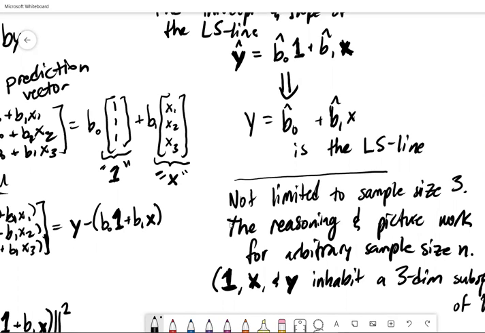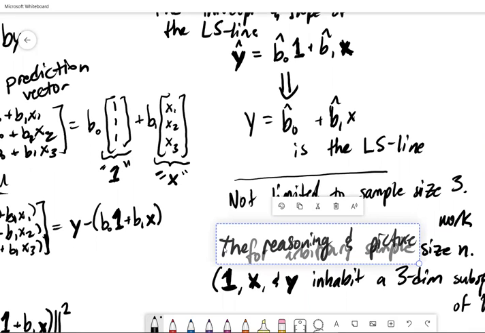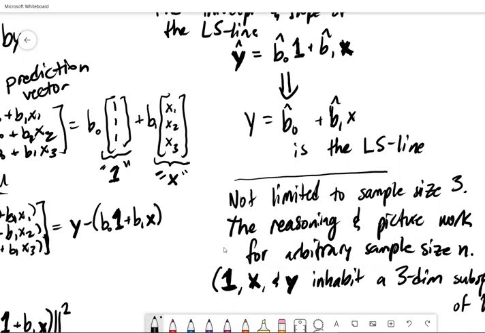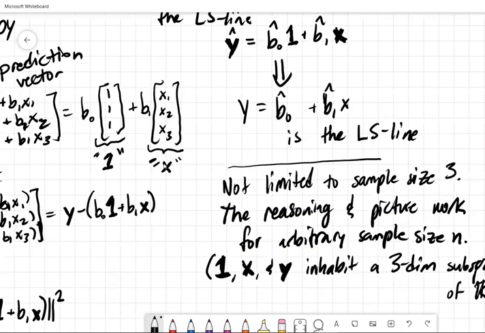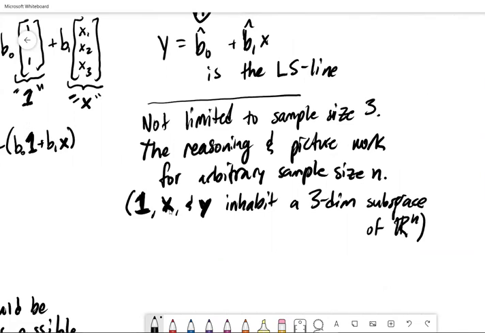Why do I say that? What's the dimension of their span? What's the largest possible dimension of the span of 1, x, and y? Three. If I have 3 vectors and take every possible linear combination, that's at most a 3-dimensional subspace.